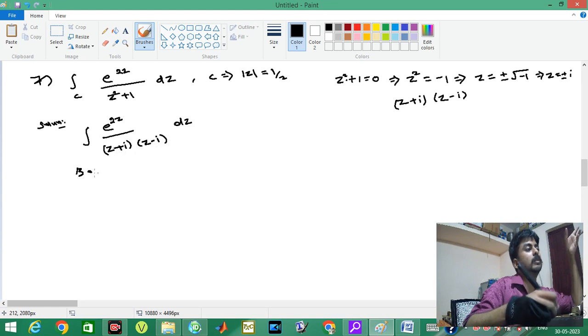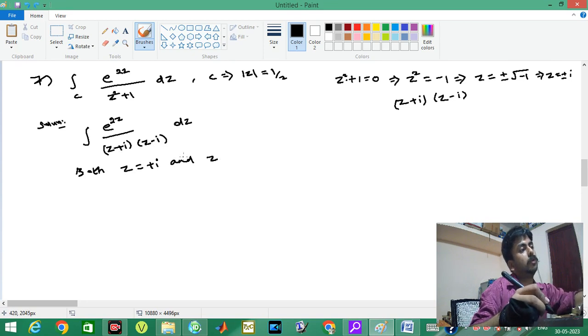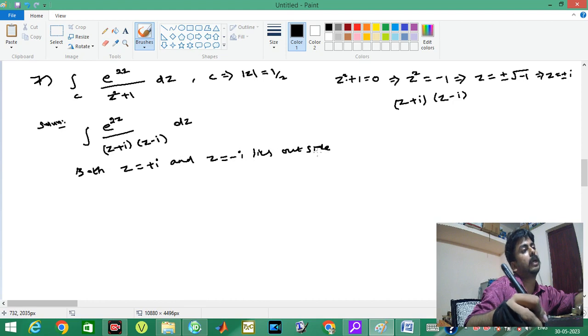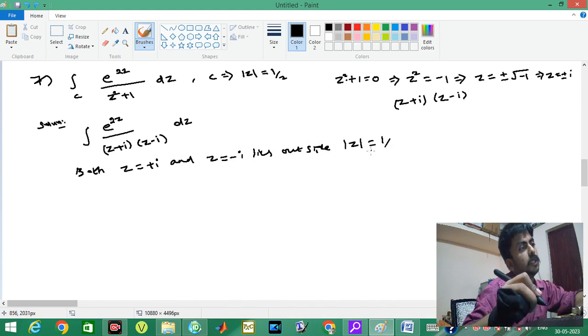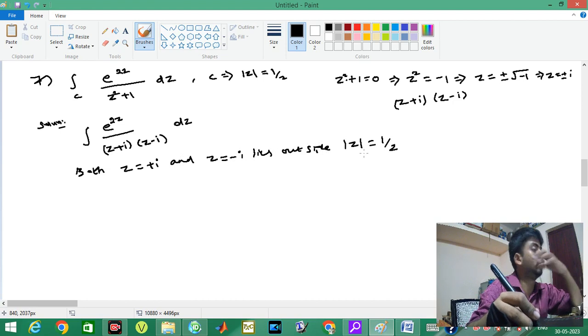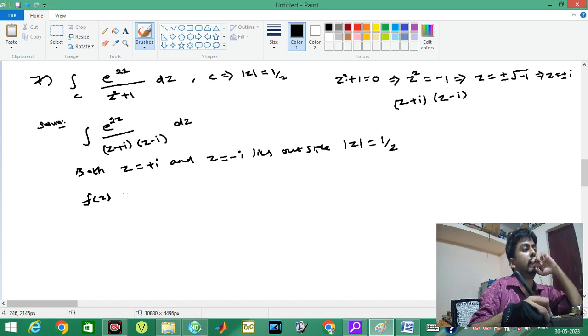Both z equal to plus i and z equal to minus i lie outside modulus of z equal to 1 by 2. Therefore f of z is analytic inside and on C. You write those two conditions.